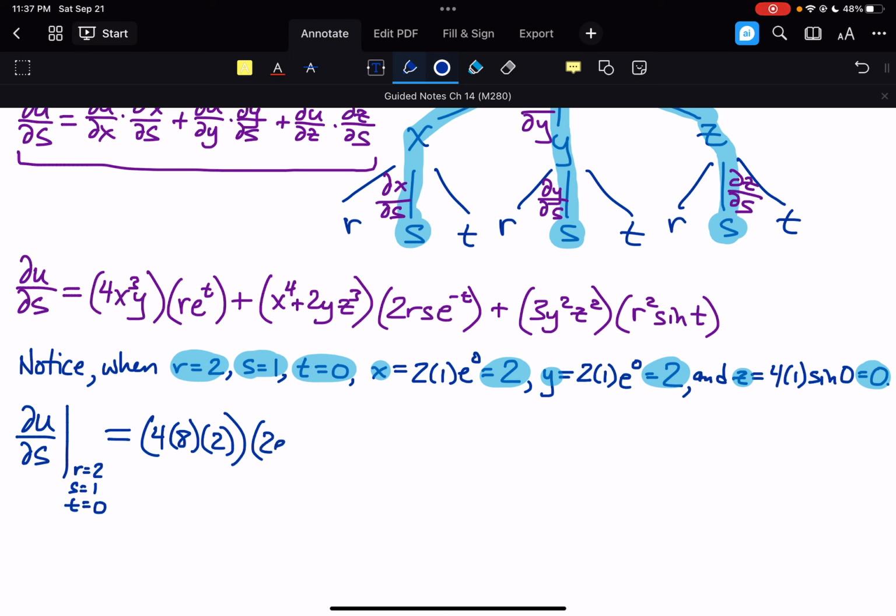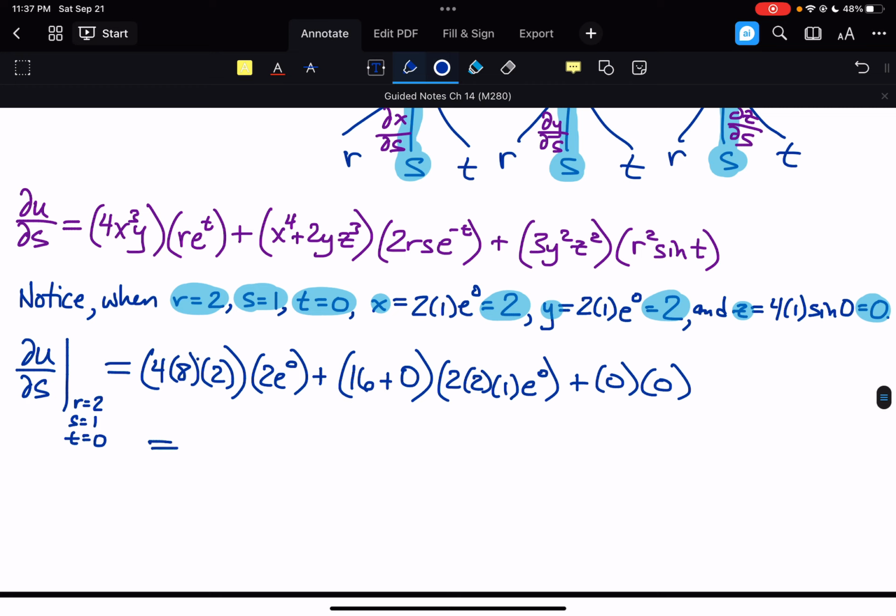And then 2e to the 0. Plus 2 to the 4th is 16. Plus anything times 0 is 0. So that's a 0. Plus 2 times 1 e to the 0. Plus, this has a 0 in it, so that's a 0. Sine of 0 is going to be 0.